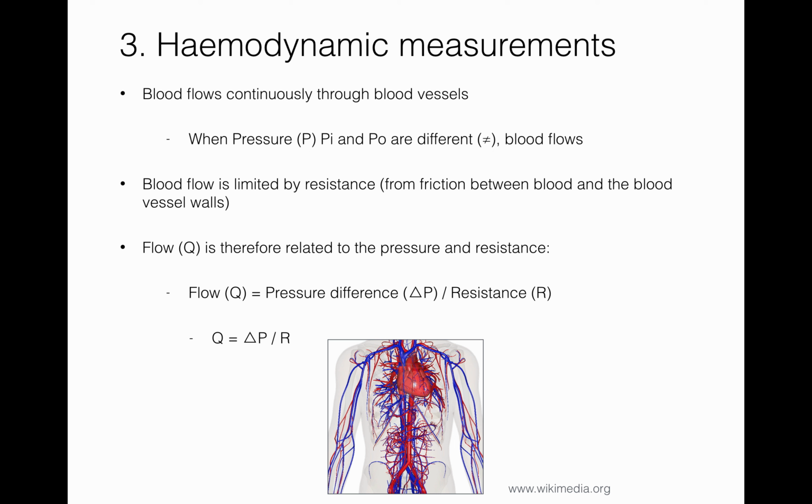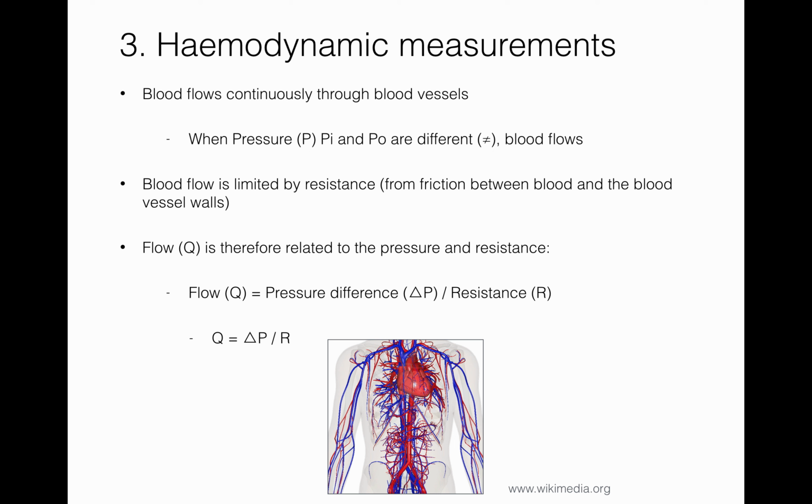Hemodynamic measurements. Blood flows continuously through the blood vessels of the cardiovascular system to support life. As you will remember from the Principles of Cardiac Sonography lectures, when the pressure P at the inlet of a blood vessel, PI, is different to the outlet pressure, PO, blood flows from inlet to outlet.